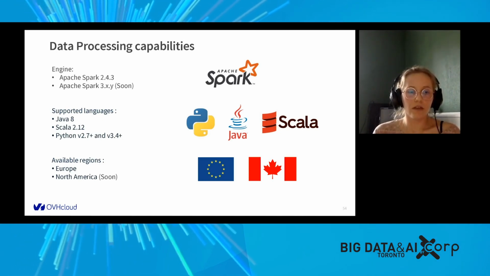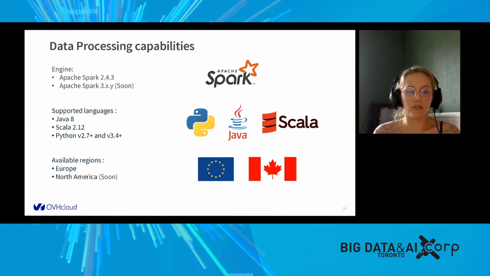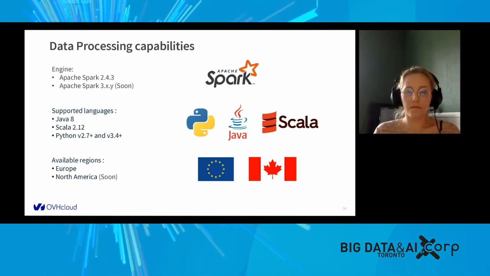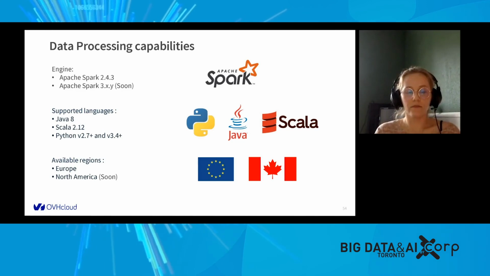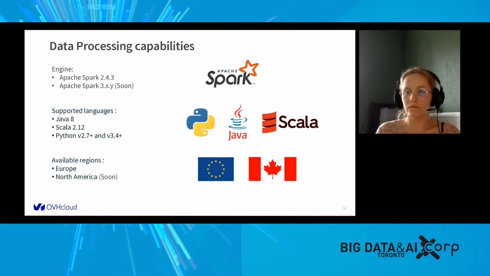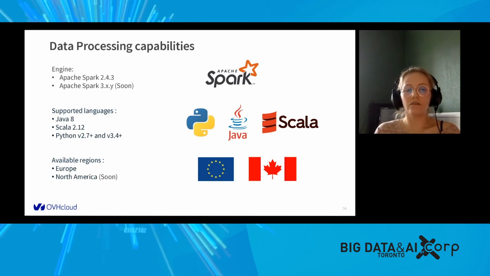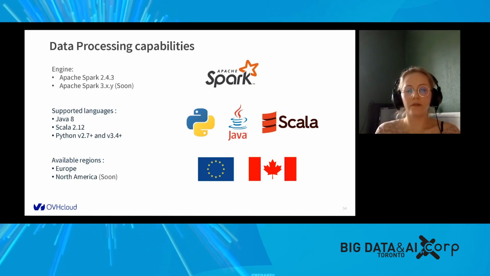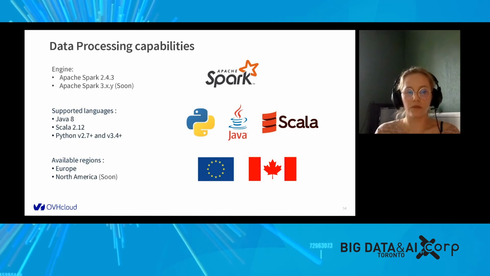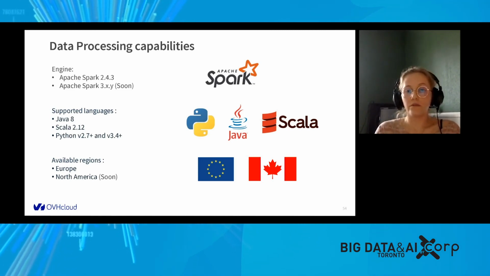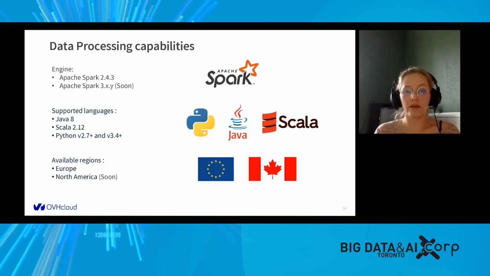We support Java, Scala, and Python as languages for your script, and the jobs can, for now, only be launched in Europe. Still, you can use it from all around the world, but physically, your job will be located in Europe. Soon, we'll be able to do it in North America as well.